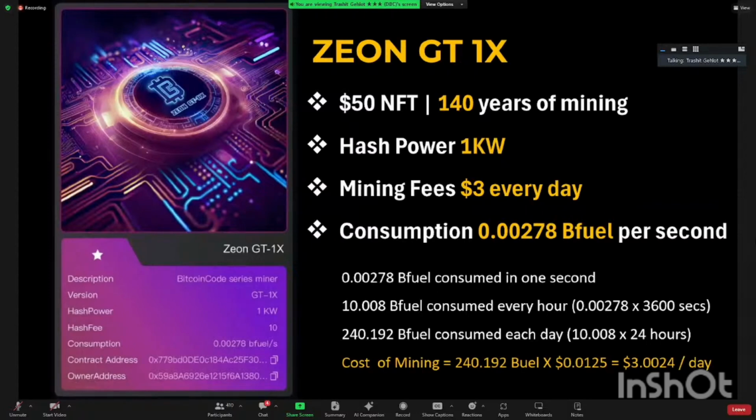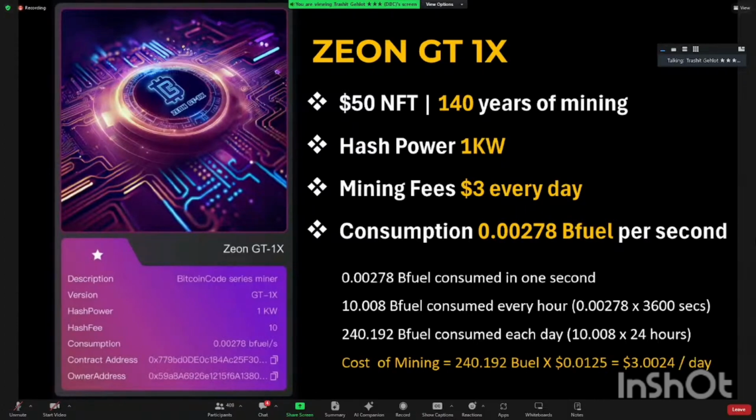Now, this is the flat cost of mining you are having. It doesn't increase beyond $3. But what you are mining is BTCC, a coin which has an appreciative and depreciative value. It can appreciate, it can depreciate, right?